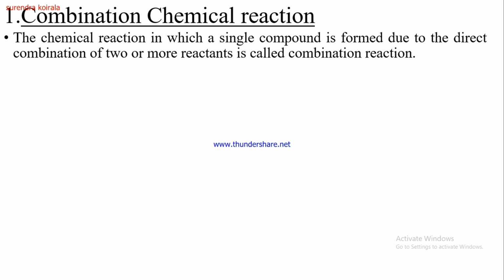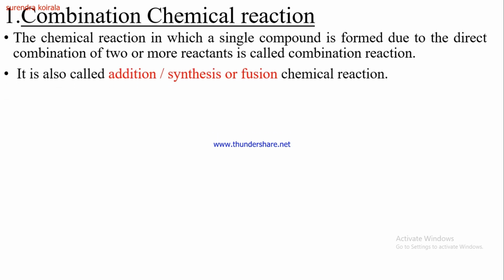Such chemical reactions are known as combination reactions. They are also known as addition chemical reactions, synthesis chemical reactions, or fusion chemical reactions, because in a combination reaction two or more reactants are added to each other, or fused, combining to form a single product. So they are called addition, synthesis, or fusion chemical reactions too.